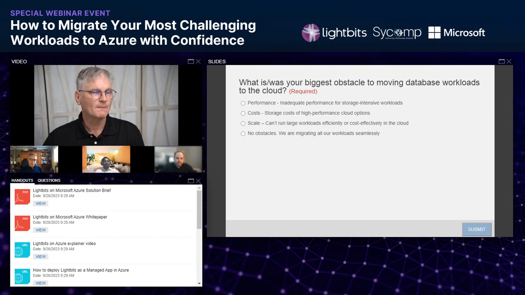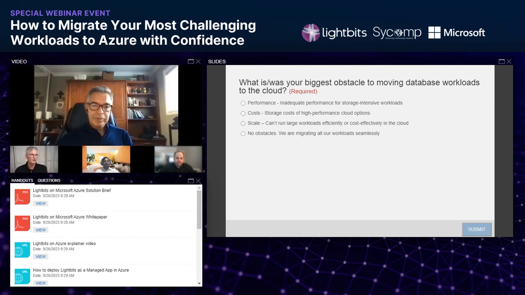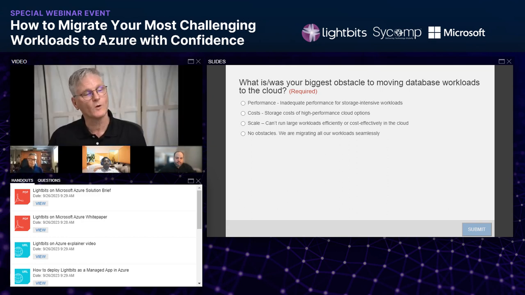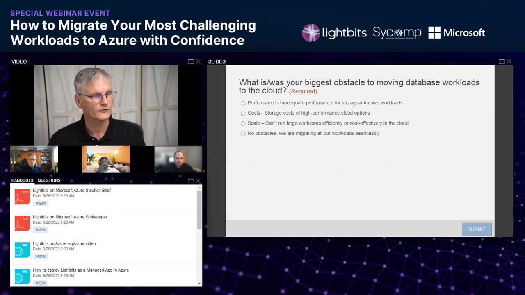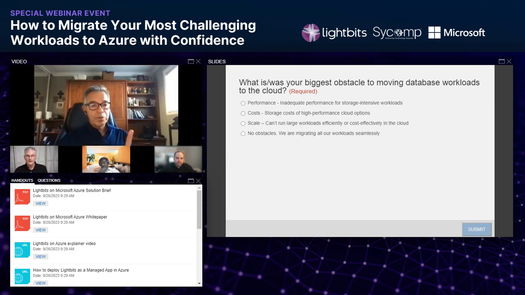Exactly. Okay, great. Here's a really interesting one: in what scenarios have you recommended against migrating to the cloud, and what were the reasons for that decision? The only reason I could come up with was legacy applications, because they couldn't move them. And the only other reason is customer budget.